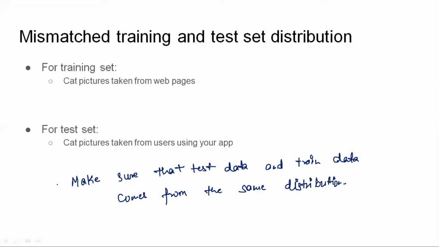Okay, and I should make a star on this because this is a very important point that you need to keep in mind before taking the training data set and the test data set.